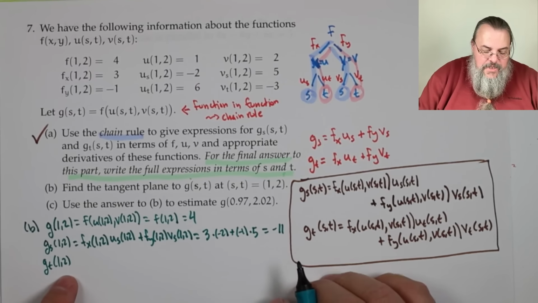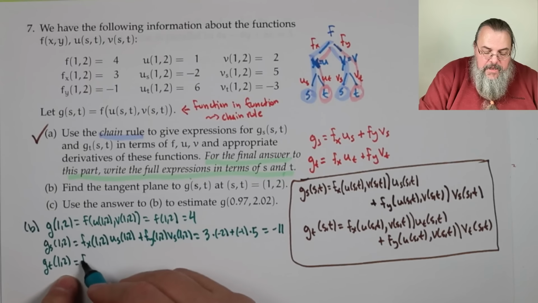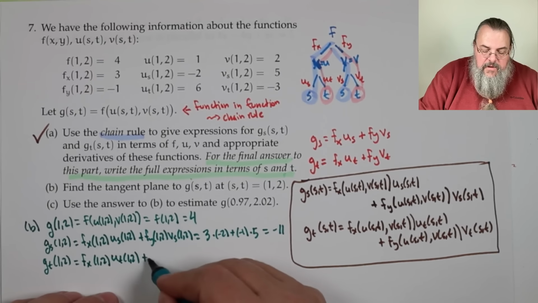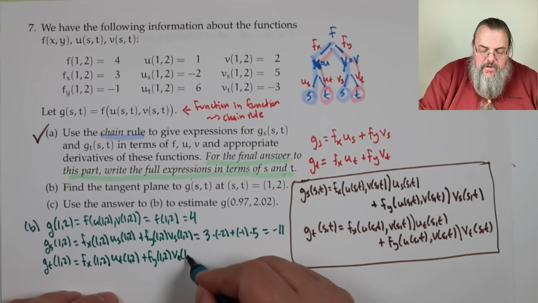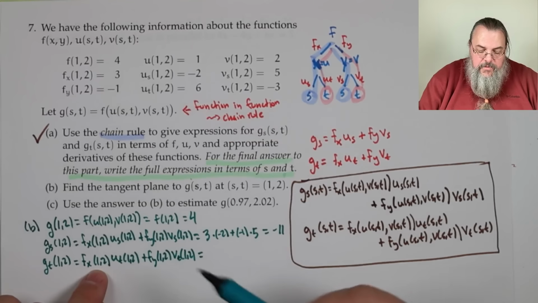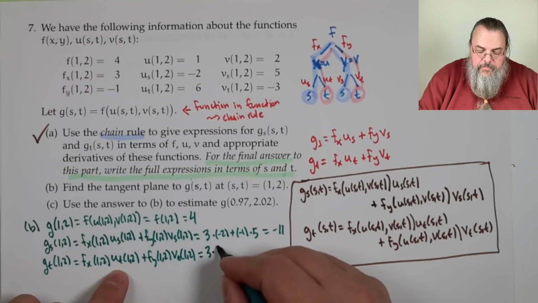All right, g sub t, similar process. We're going to evaluate. We'll get f sub x at 1, 2, u sub t at 1, 2, plus f sub y at 1, 2, v sub t at 1, 2. So, start filling in. F sub x at 1, 2 is still 3. U sub t at 1, 2 is 6.